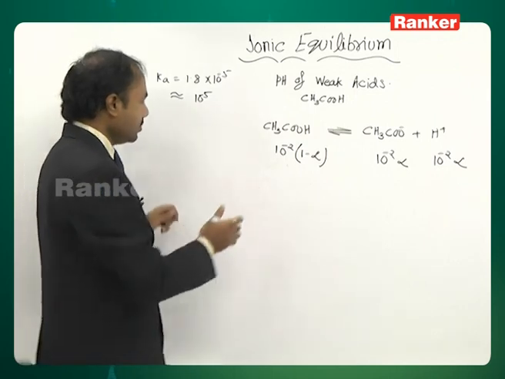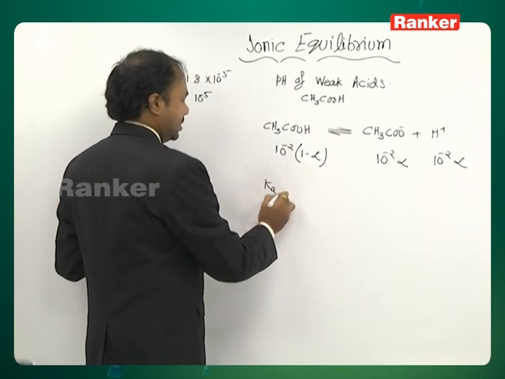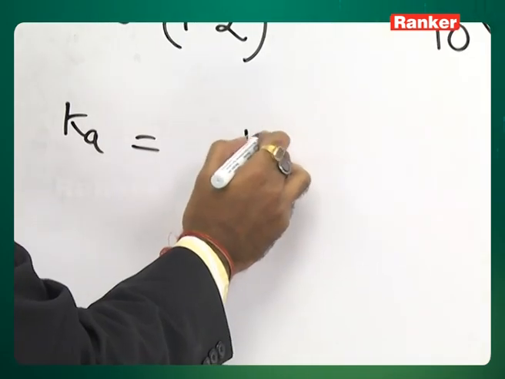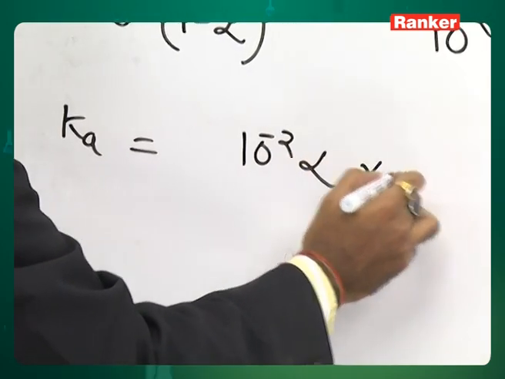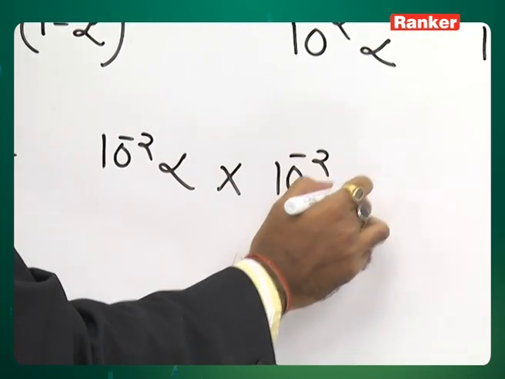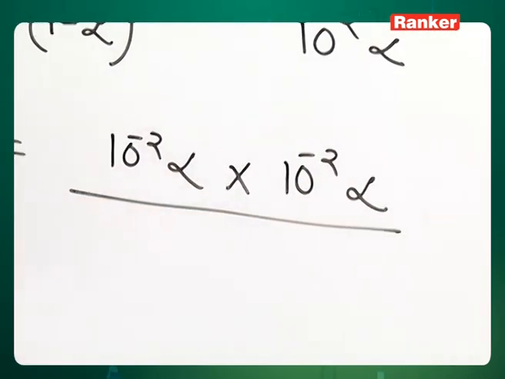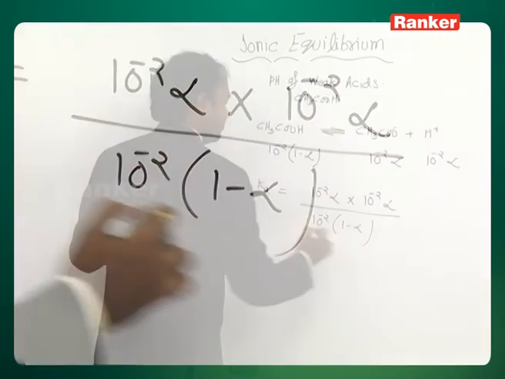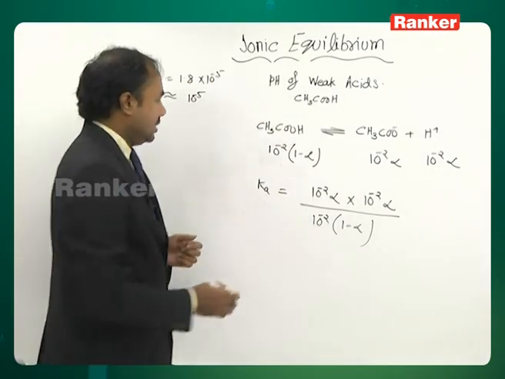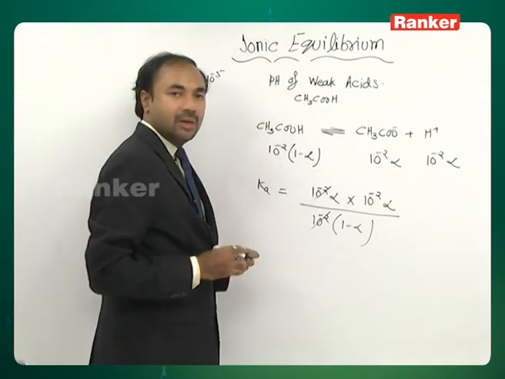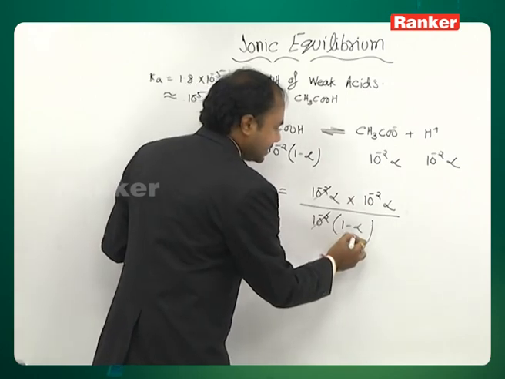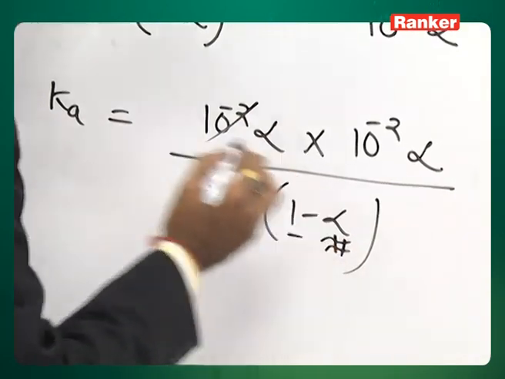Now, Ka for this will be equal to the concentration of acetate ion, which is 10 to the power minus 2 alpha, into the concentration of H plus ion, which is 10 to the minus 2 alpha, upon 10 to the minus 2 into 1 minus alpha. Right? This gets cancelled. Now we take the approximation that alpha is negligible as compared to 1.